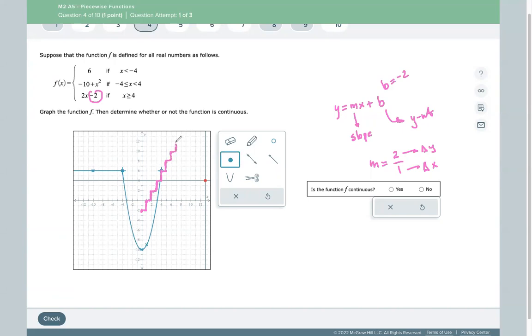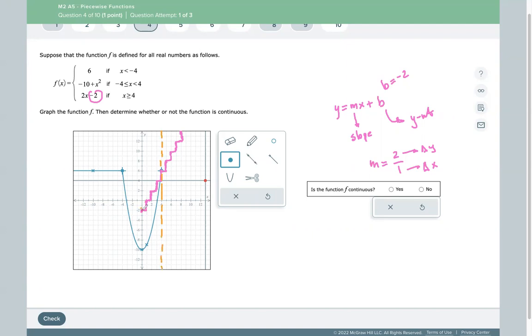So we can find as many points as we want on this graph, but we have a restriction. That restriction is that we're only going to be using values that are greater than or equal to 4. So 4 is right here where the other graph ends. So we're going to have this.